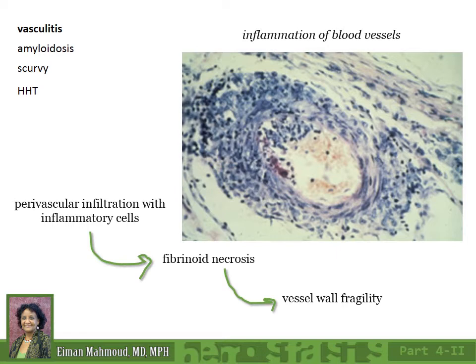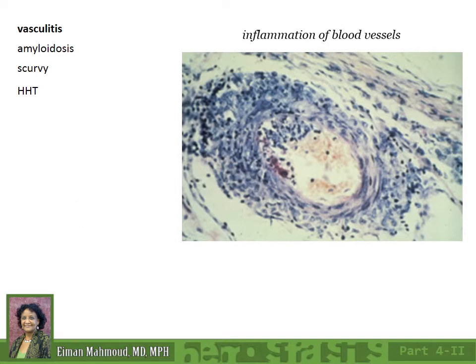So this slide is from Rocky Mountain spotted fever, and the organism involved is Rickettsia, and here the predominant cellular infiltrate you see is lymphocytes. You can have the same process happening in organs or underneath the skin.